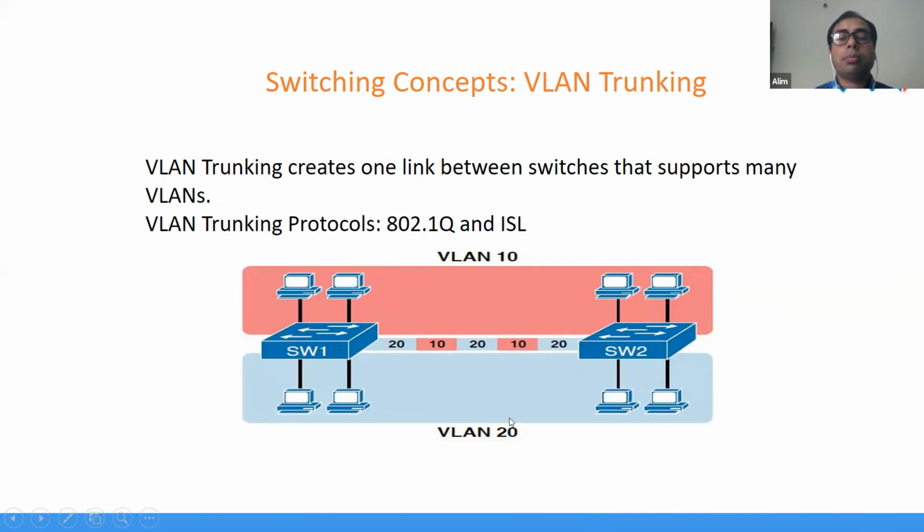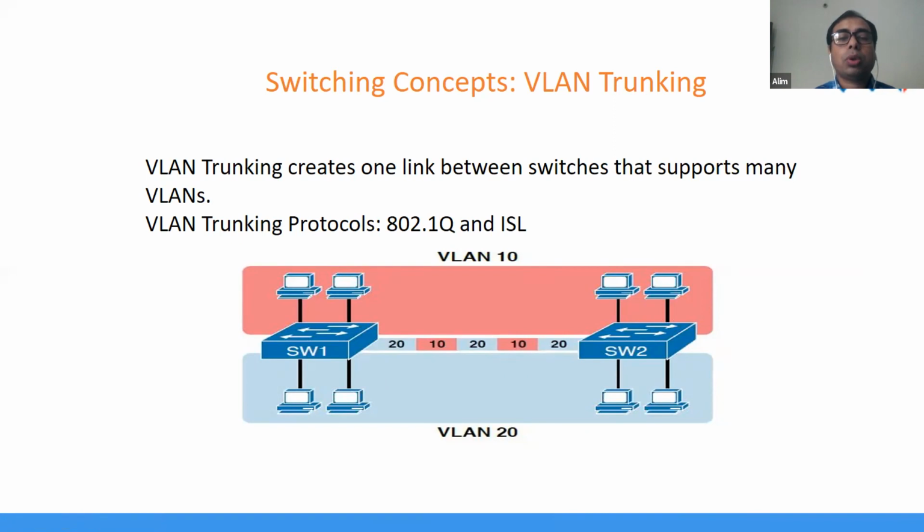For example, in this picture, you can see two VLANs, 10 and 20, are used, and the trunk link carries both VLANs, and they are tagged because otherwise there is no way to identify the traffic without tagging.